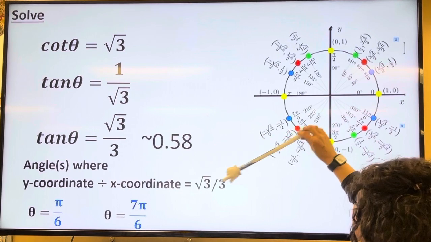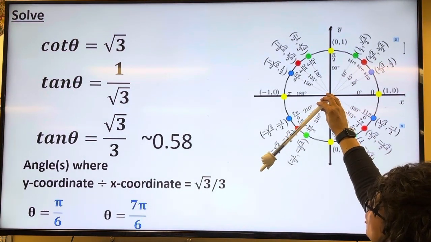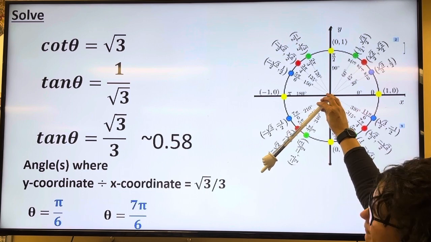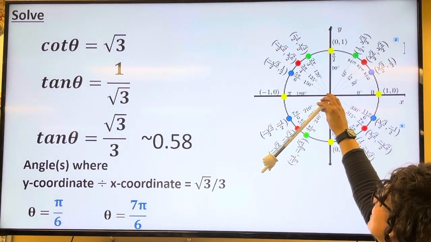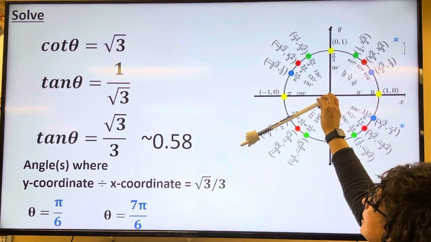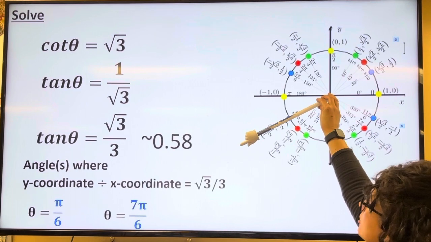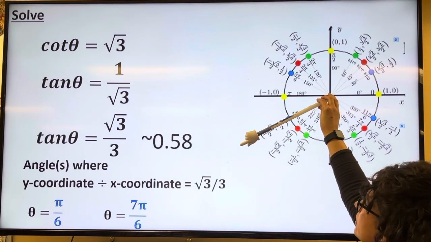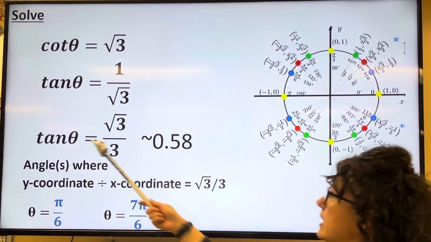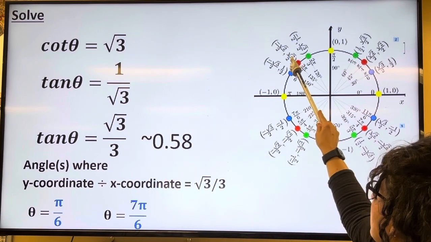And then over here, again, going through the red dot, that's a positive slope, slope of 1. If I want a slope of 0.58, I need that to be a little less steep. So moving to the blue dot here at 7 pi over 6, that's a little less steep. And so that happens to be where the tangent of theta is 0.58. If the tangent of theta equals a negative number, I'd look here and here.